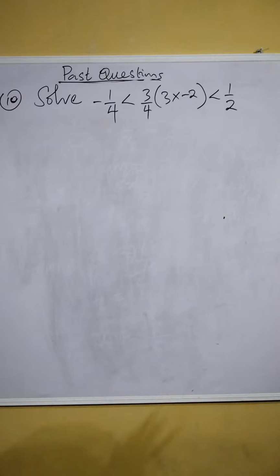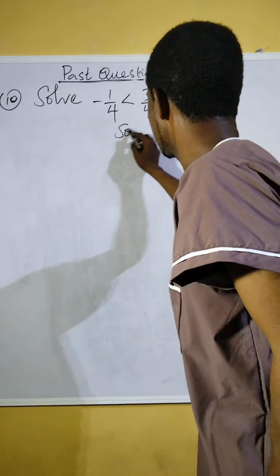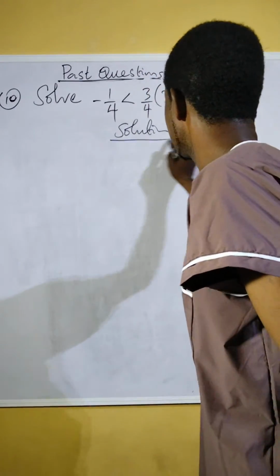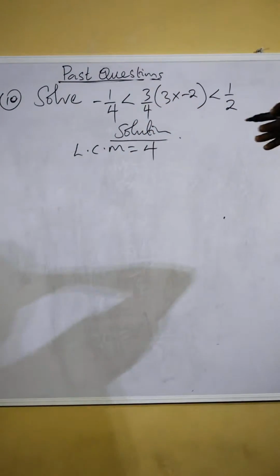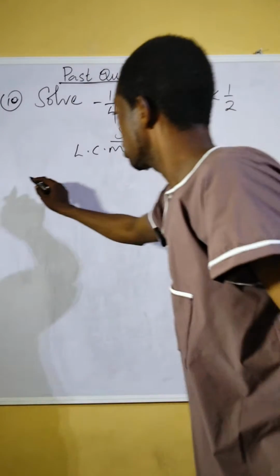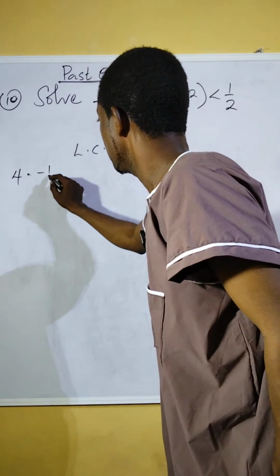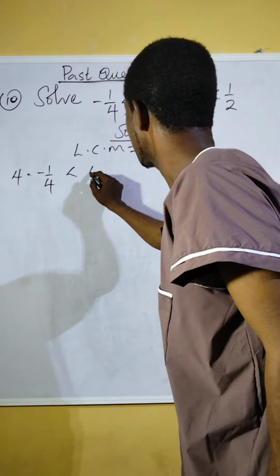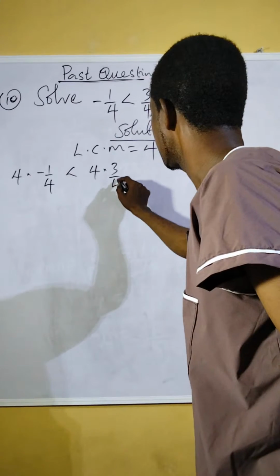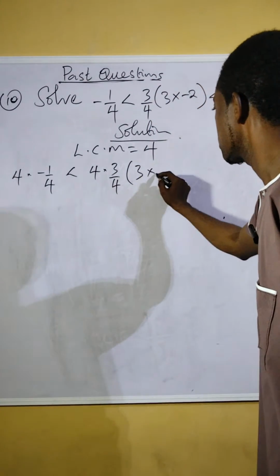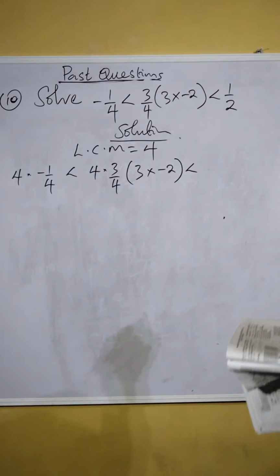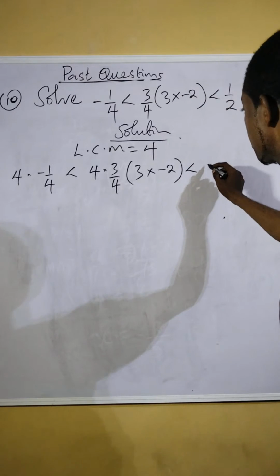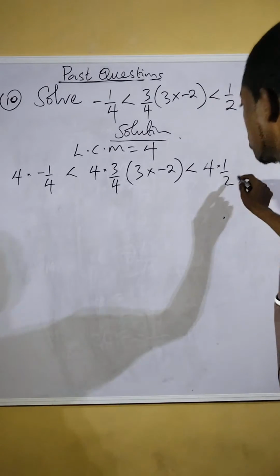So solving this is an inequality. The same way we handle an equation involving fractions, the LCM here on both sides is 4. So we can clear this and multiply through by 4. That is, we have 4 times minus 1 over 4 less than 4 times 3 over 4 into bracket 3x minus 2, then less than 4 times 1 over 2, so as to clear the fraction.